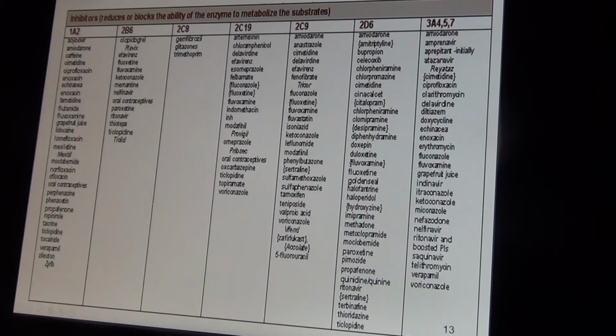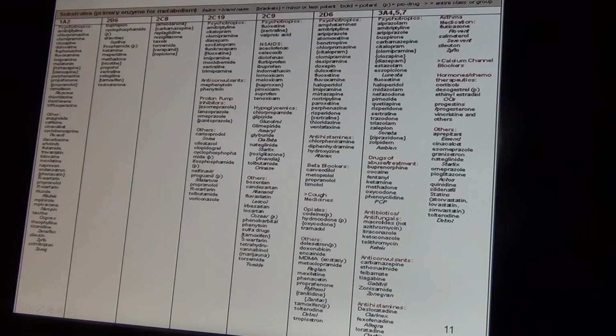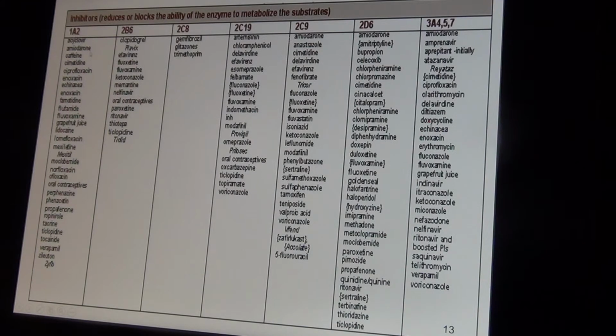Without the inhibitors, these drugs will be metabolized by CYP1A2. But if you have the inhibitors, the ability of the enzyme to metabolize is reduced, so the levels of drugs are higher for a longer period of time. It takes longer before the drug levels go down.